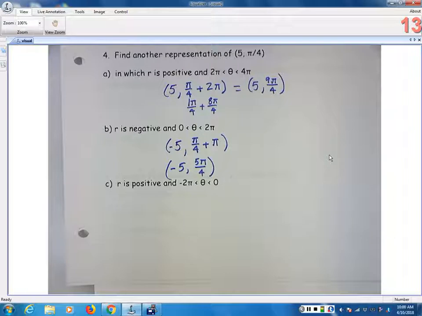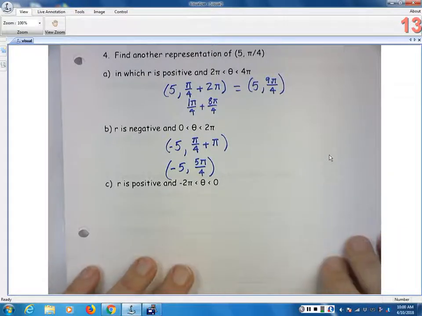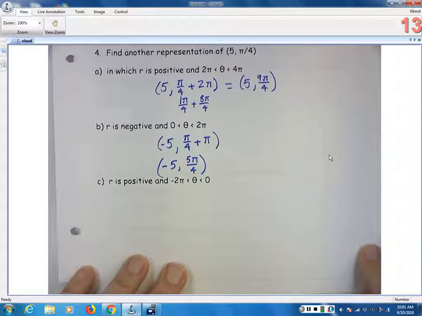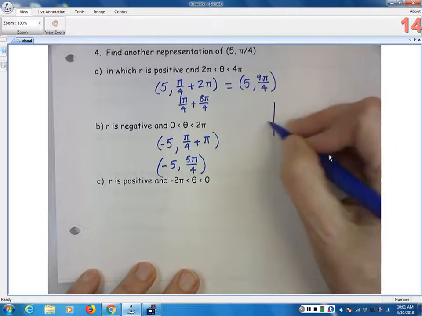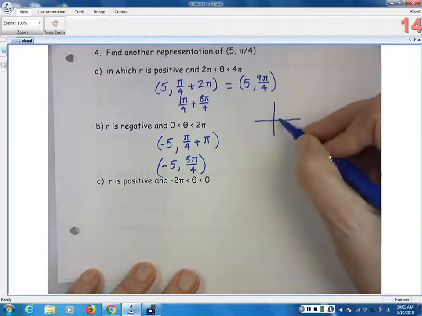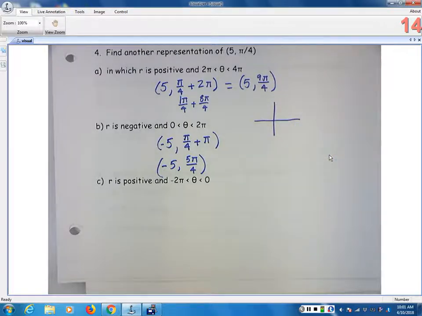You could sketch it if you want. I drew a little picture on the filled-in notes, I think, of all these. Okay. Is that making sense? So we were at pi over 4.